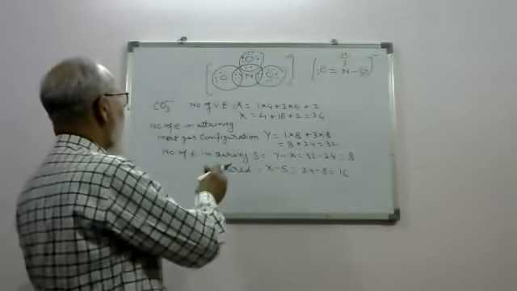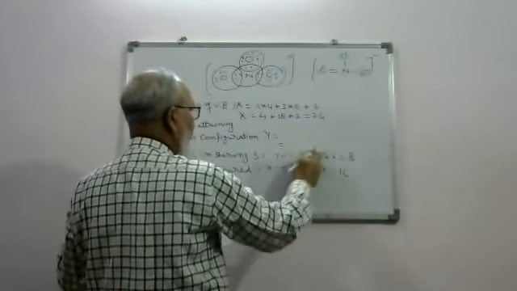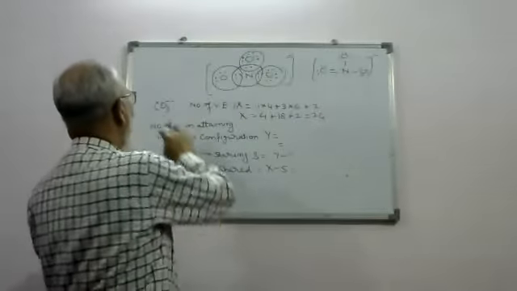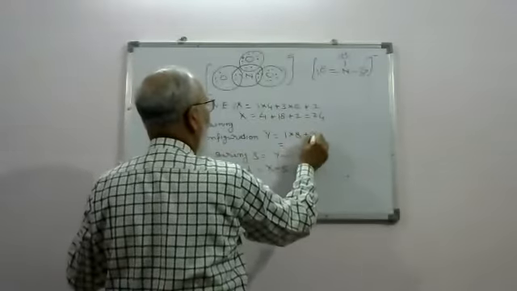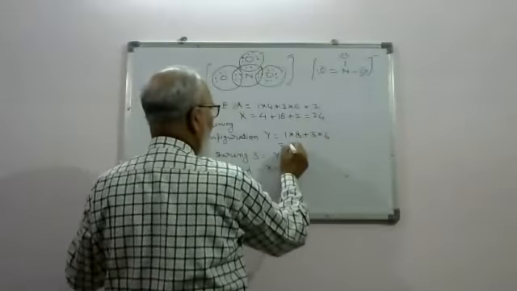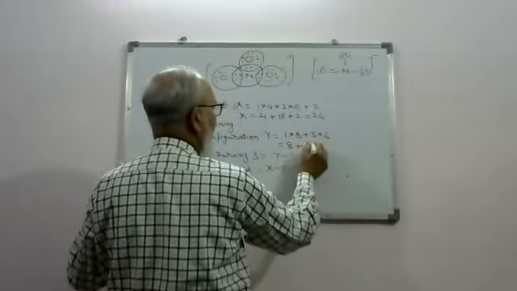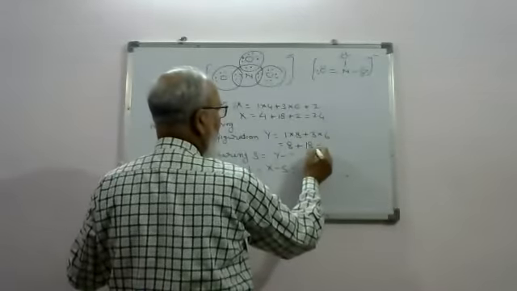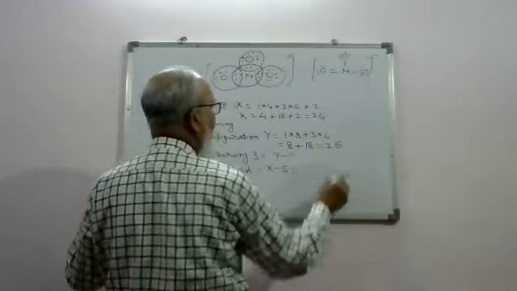Number of electrons in attaining inert gas configuration: 1 carbon atom, 1 into 8, plus 3 oxygen atom, 3 into 6, is equal to 8 plus 18, equal to 26.